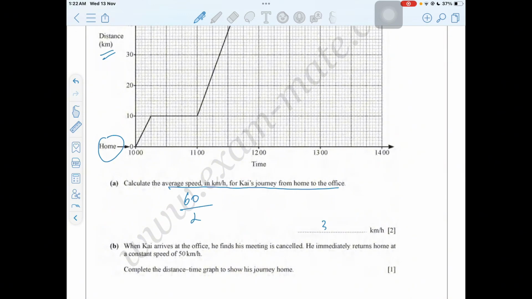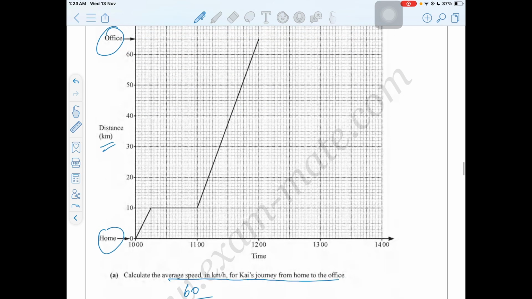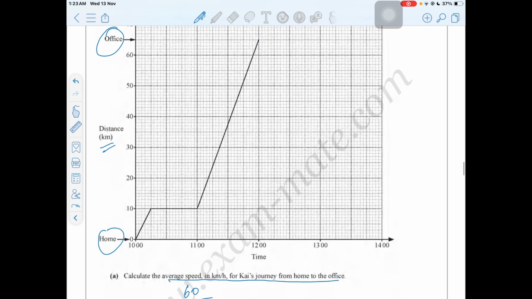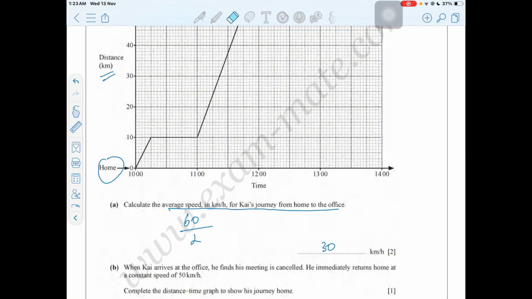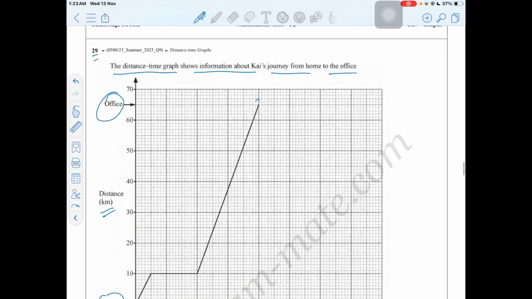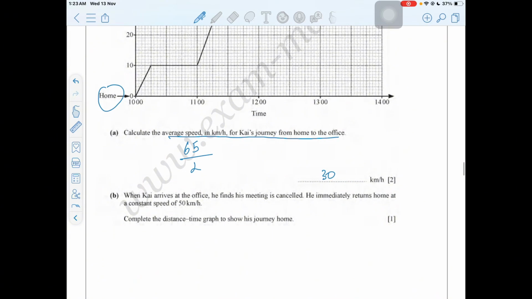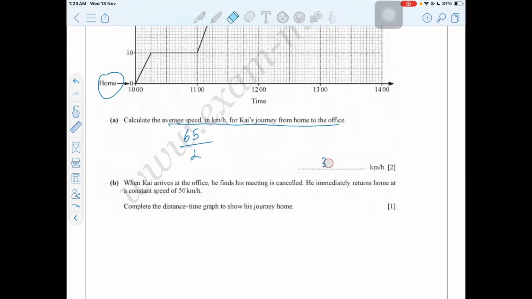So this would be 30 kilometers per hour speed. Sorry, it has traveled 65 kilometers to be exact, right? This is 65 kilometers, right? So this would be 32.5.